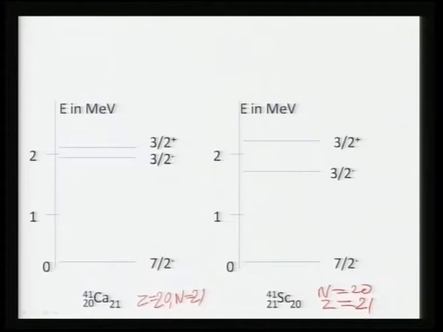The ground state is 7/2 minus here, 7/2 minus here, and why is it 7/2 minus? This last nucleon is going in 1 f 7/2, right, and therefore, the ground state is 7/2 minus. Then, the excited states you can see from the shell model diagram: the first excited state is 3/2 minus, the next one is 3/2 plus, and here also it is the same.